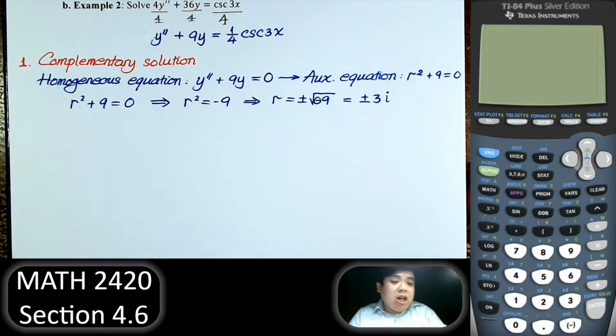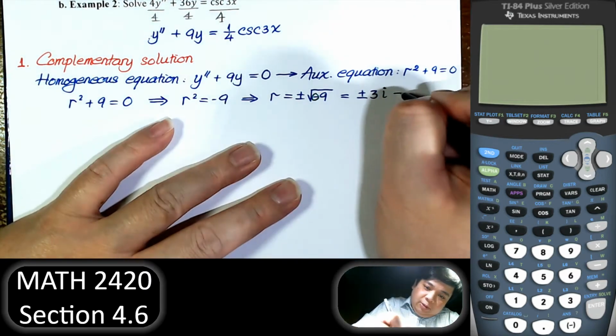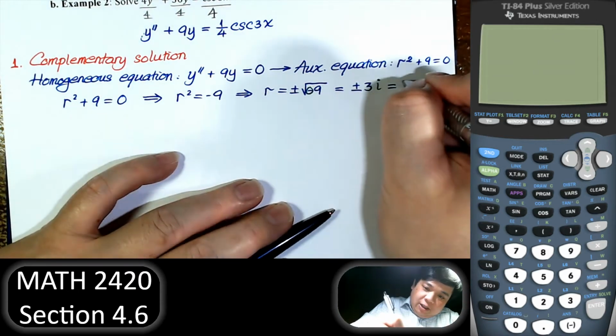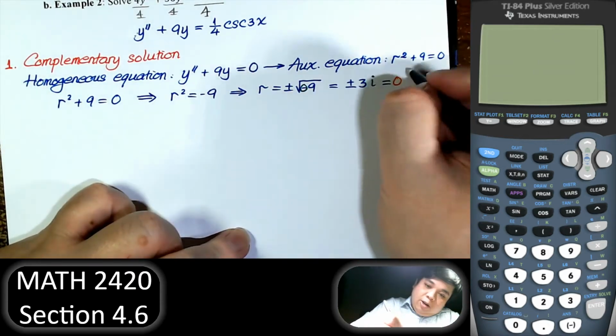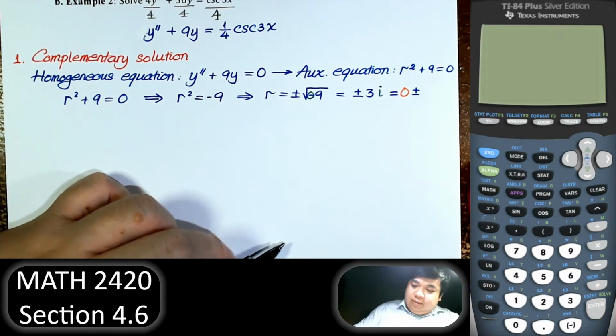So similar to the last problem, we can write also 0 plus or minus 3i.